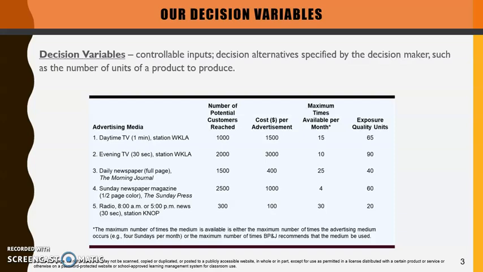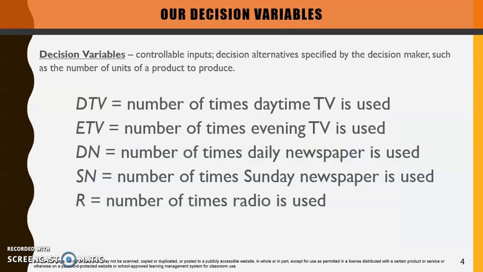For example, if X1 is the number of daytime TV advertisements as a decision variable, if it gives us 10, it means the model tells us during the course of the month, we need to advertise our company 10 times through daytime TV medium. If it is 0, it means that we are not going to do any advertisement in the month through this medium.